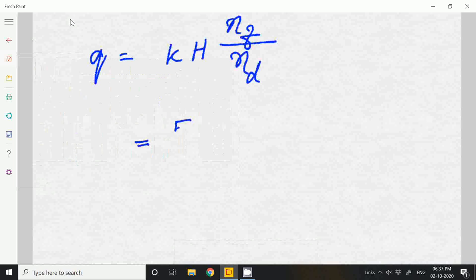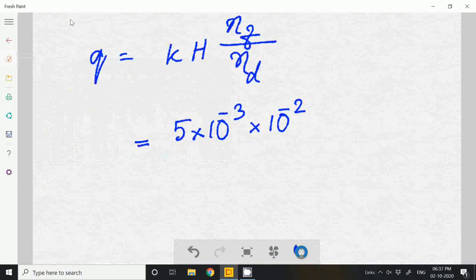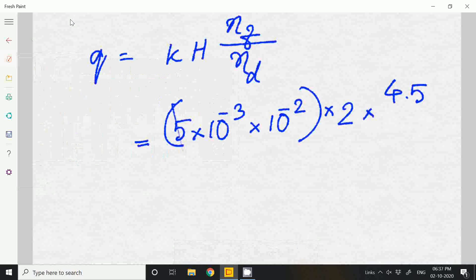So 5 into 10 to the power minus 3. If I want to keep it in meters, then I'll give 10 to the power minus 2. I'm converting the K in terms of meters. Into H, which is in meters, NF number of flow channels 4.5, by number of potential drops, which is 12.